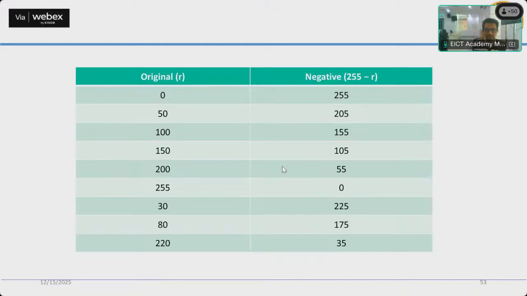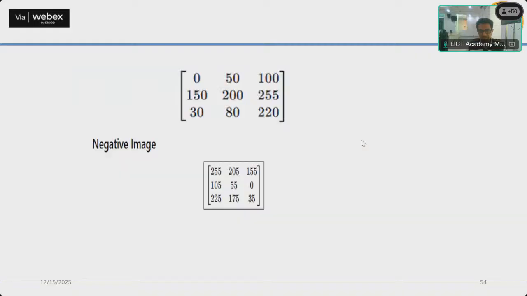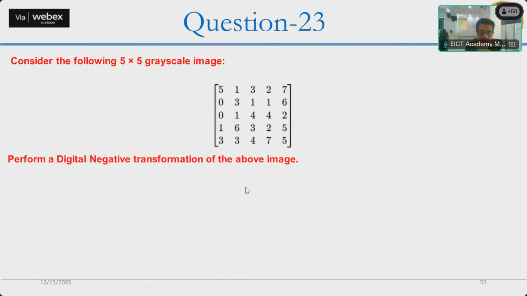That's why it's called the negative. The important thing here is how you carry out this operation. By simple subtraction, we are able to get the negative of the image. Given here, this is 0, so 255 minus 0, then 255 minus 50, 255 minus 100. This way we are able to get the negative of the image.